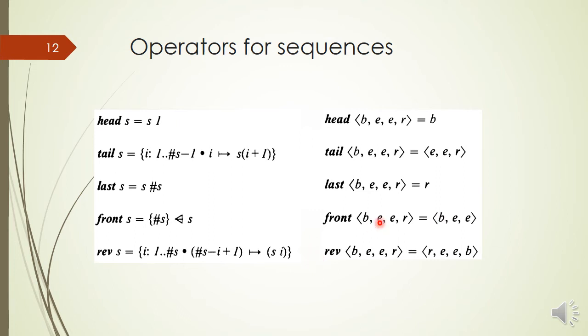And the front of a sequence can be obtained by using that formula. We can use the domain subtraction operator. We subtract the last value from the sequence S, then the rest of the sequence would be the front.